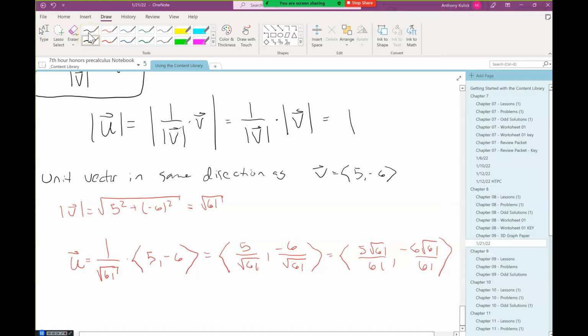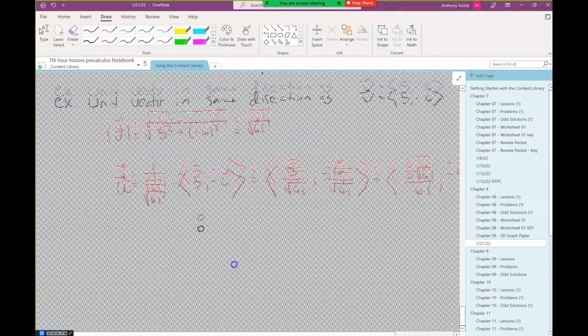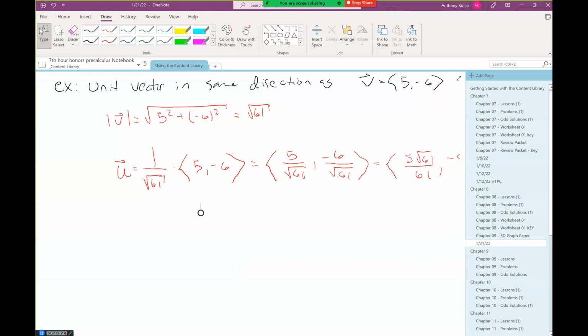Okay. So we have these unit vectors in general. There's 2 specific unit vectors that are particularly important. There'll be a third a little bit later.